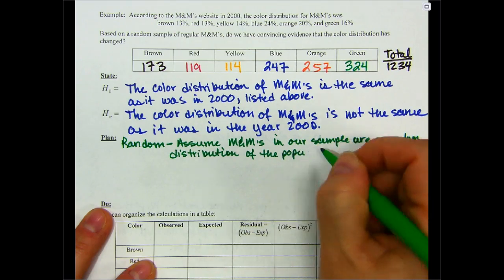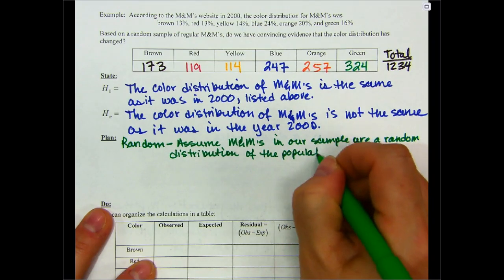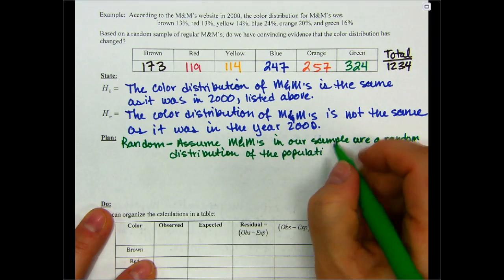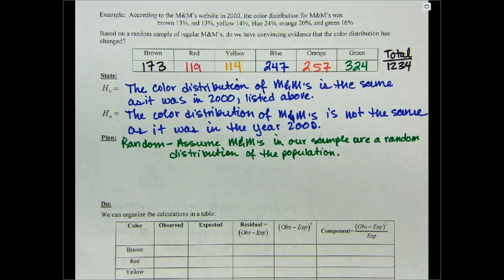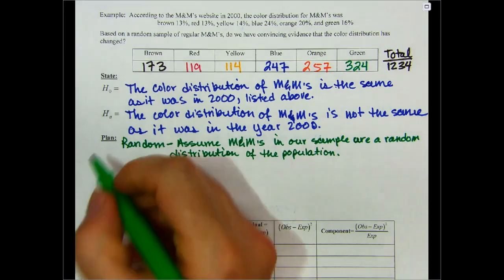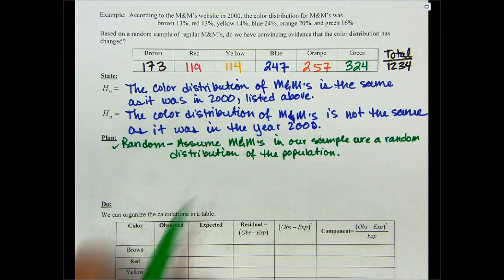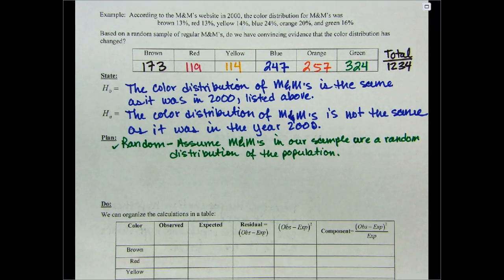Or I should have said a random representation of the population; maybe that's the word I should have used. If you want to change distribution to representation, that's not bad either. But you've checked it, so we're good.